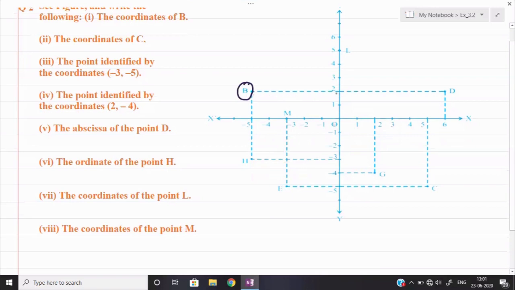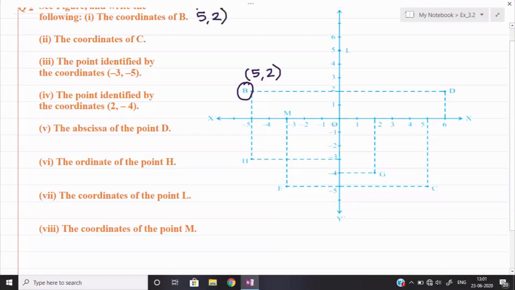Look here, this horizontal distance is equal to 5. And similarly the vertical distance, look at the movement of the cursor, the vertical distance is equal to 2. So horizontal distance we shall mention first, that is 5, and then the vertical distance, that is 2. So the coordinate of B will be (5, 2).